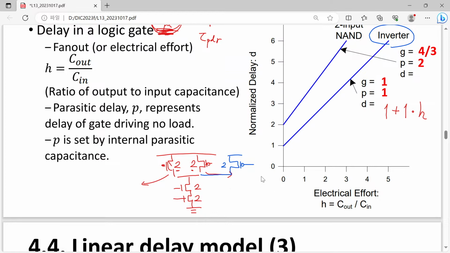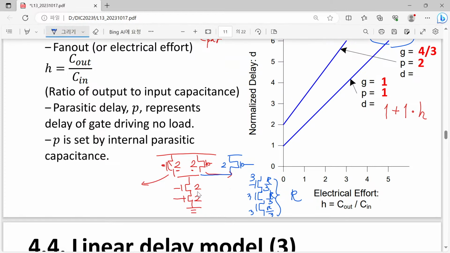However, in the case of 3 input NAND, overall we have to have a resistance of 3R, so we must have 3R over 3 for each transistor. So each MOSFET was sized with 3 times the unit width. So previously it was 3, 3, 3. However, now this is 2, 2, 2. Okay, so are you with me?